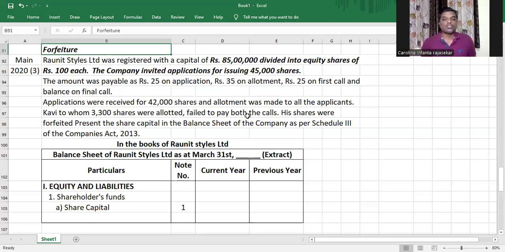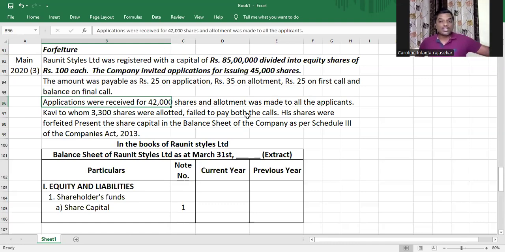Subscribed and fully paid up is only possible if the shares have been fully called up. So let's look for hints that tell us that the shares have been fully called up. Applications were received for 42,000 shares and allotment was made to all applicants. Kavi, to whom 3,300 shares were allotted, failed to pay both the calls. Now, this is the hint.